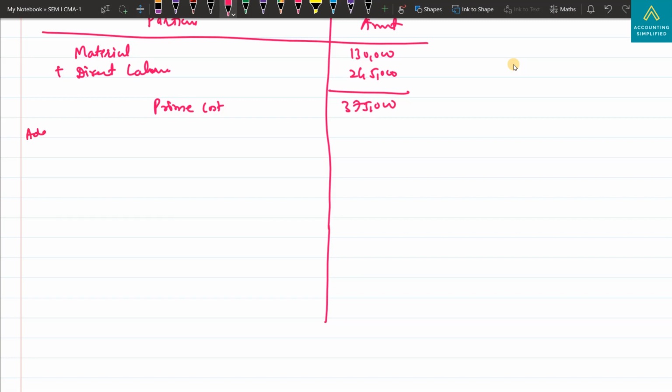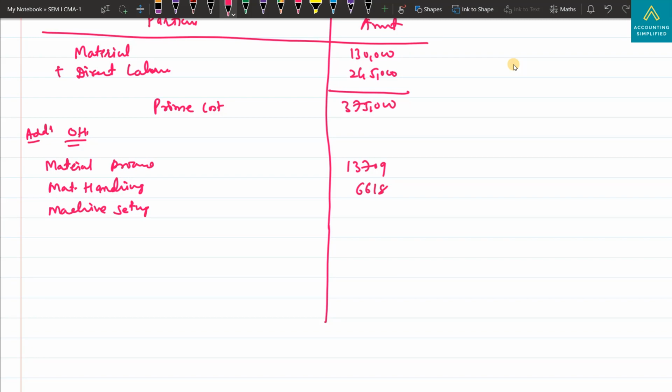Write down add overhead based on ABC. The first cost is material procurement. Whatever the rate, multiply by 2,600, it comes to 13,709. Then material handling comes to 6,618. Machine setup is based on number of setups, 19,952.